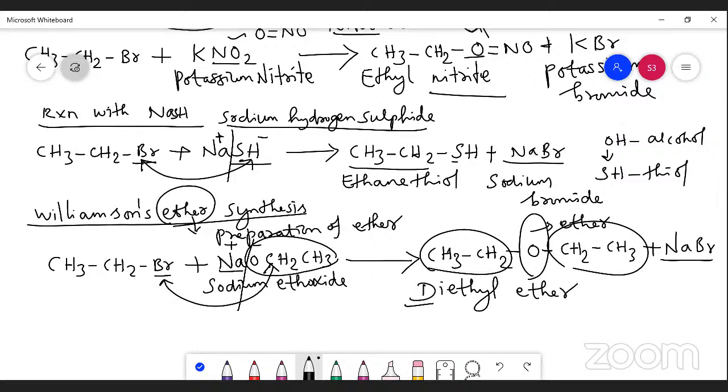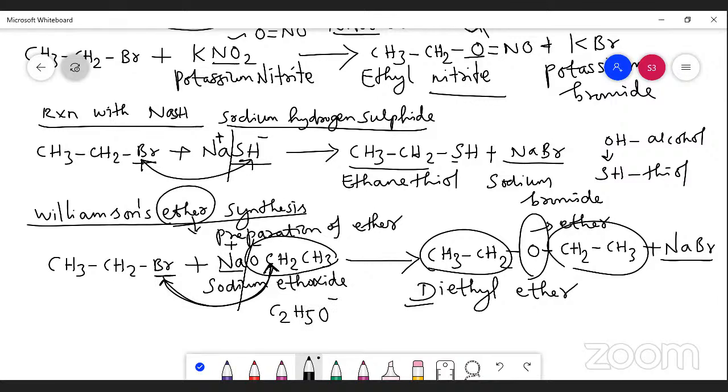Even though we have prepared an ether, this comes under nucleophilic substitution, where one nucleophile Br minus is substituted by another nucleophile, C2H5O minus. You can write it like this also.